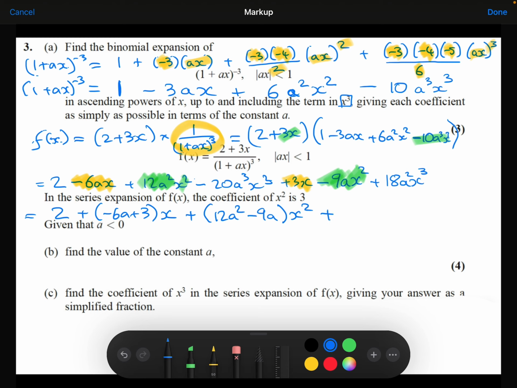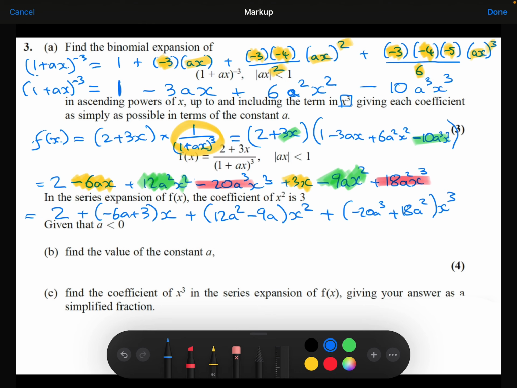And now looking at the x cubed terms, I could write that as minus 20a cubed plus 18a squared, times x cubed. So that's me just grouping up the coefficients of the x's, the x squareds, and the x cubed.